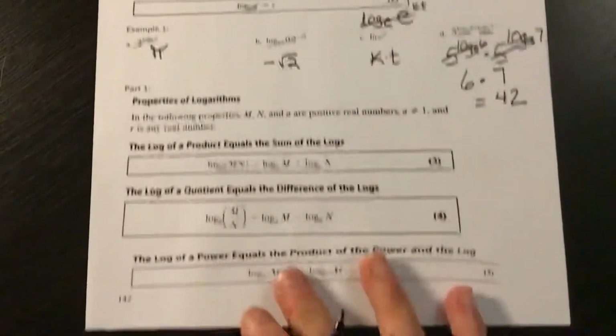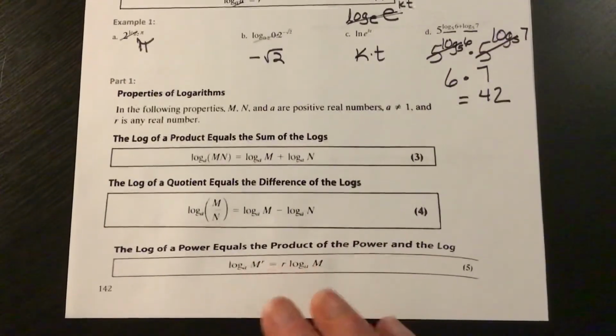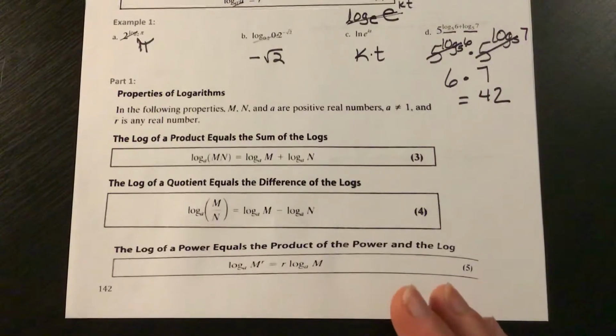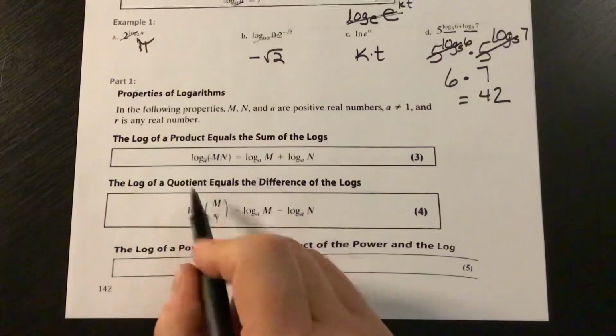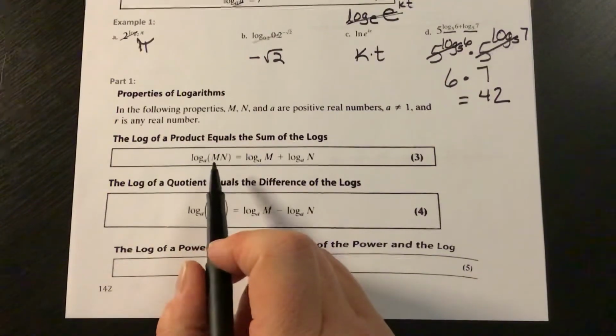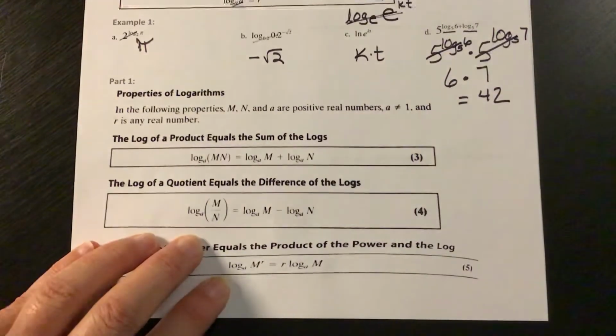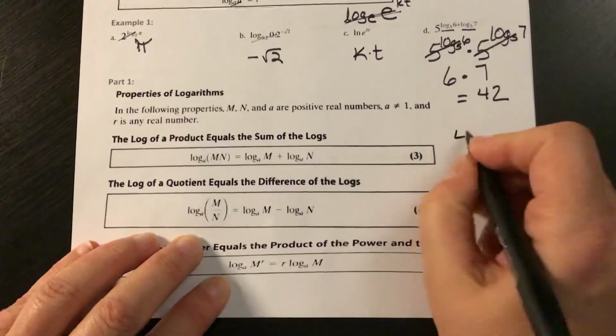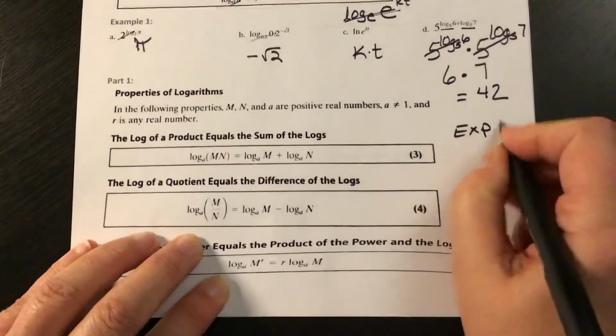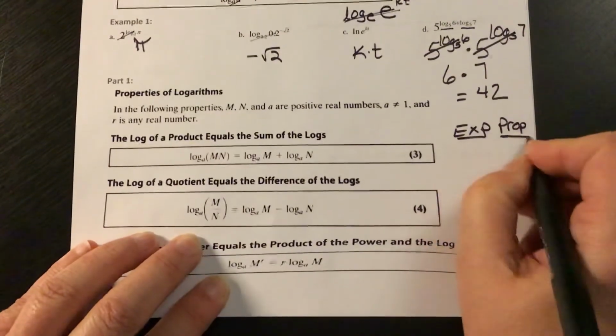All right, so here we have some other properties of logarithms, and this deals basically with multiplication or division with logarithms. And if we think about our properties of exponents, and I'm going to actually write over here, exponent properties.